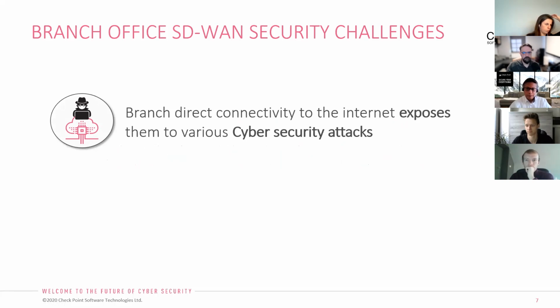It also raises the challenge of being consistent, because you need to be able to deploy proper security solutions, whatever the kind of hardware or whatever the kind of connectivity that the branch office has. And this makes it more challenging for the enterprises to cope with that.